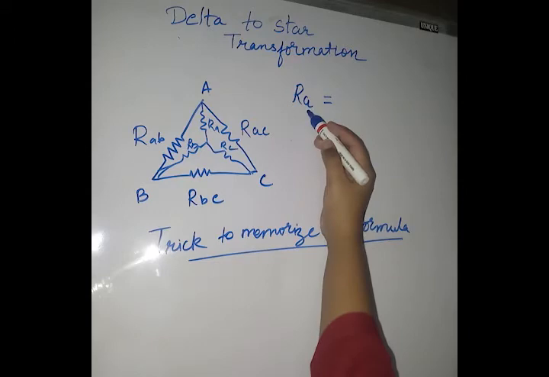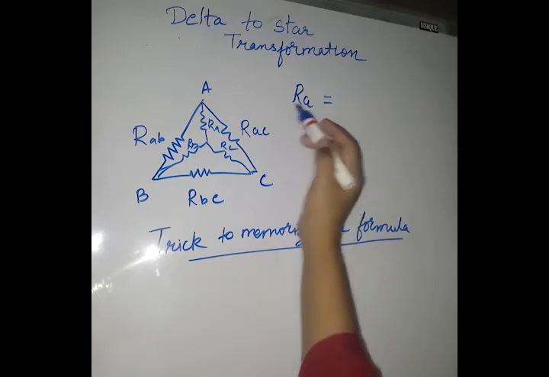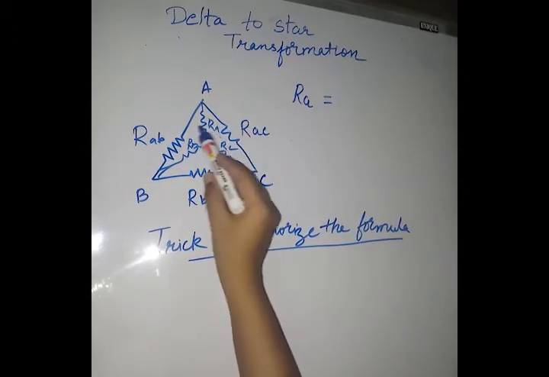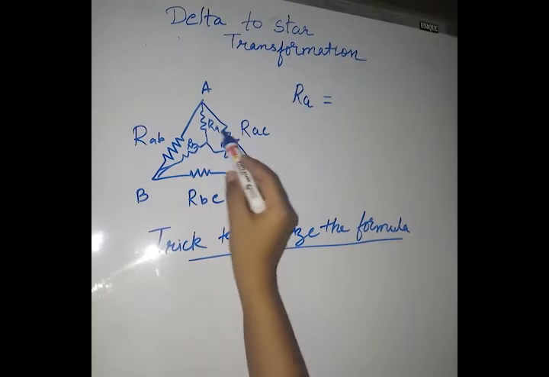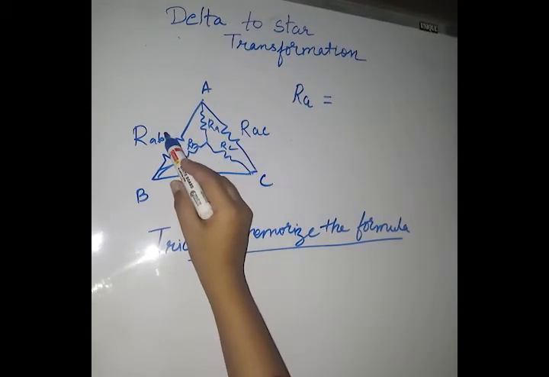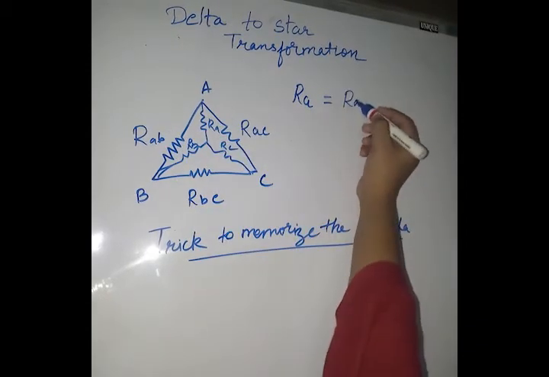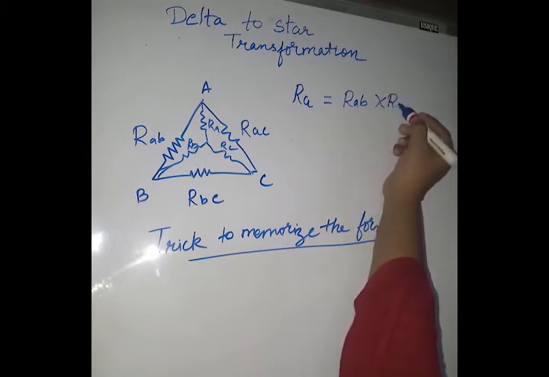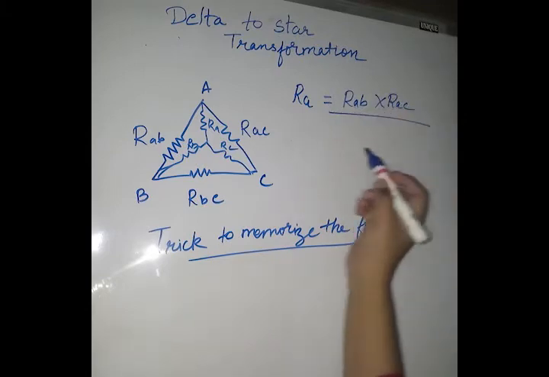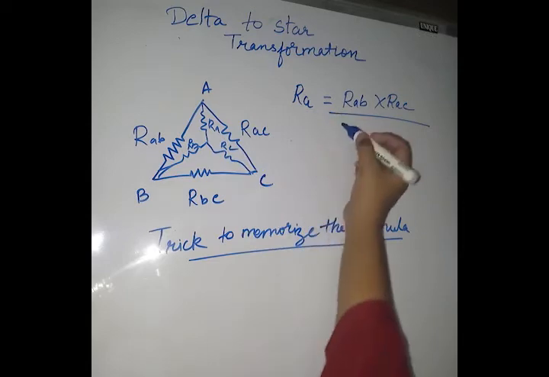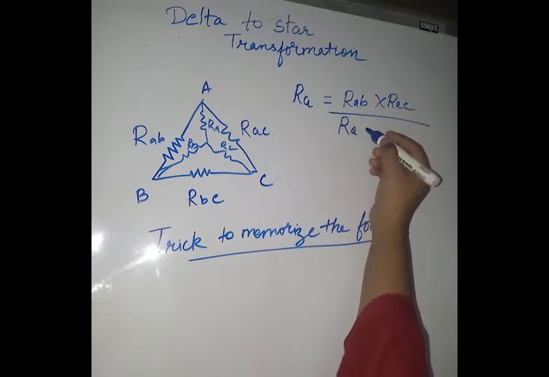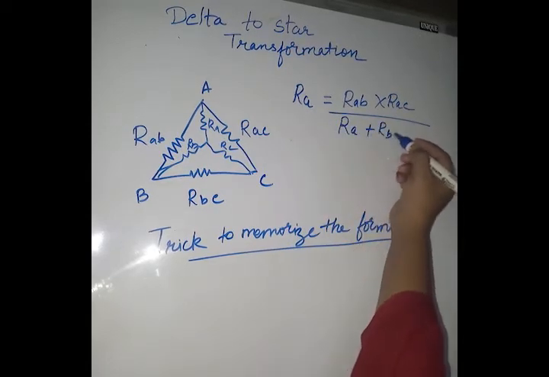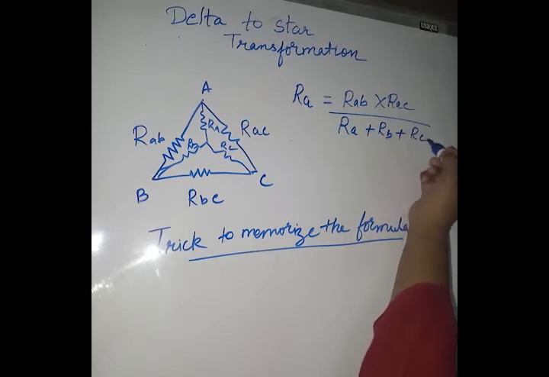RA equal to multiplication of its adjacent resistors, that is RAB into RAC divided by summation of all the star connected resistors, that is RA plus RB plus RC.